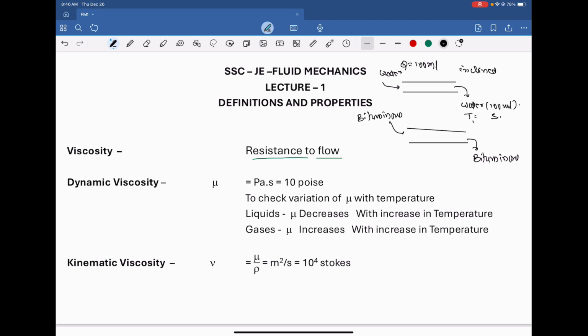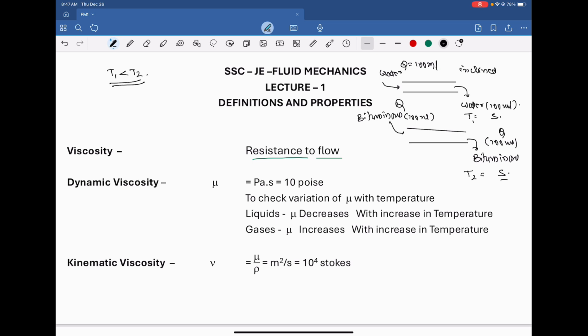Tar roads we call. That's very thick. When you pour bituminous, 100 ml is also received, Q. Then there will be time 2, T2, that you may find out. What happens? T1 is lesser than T2.